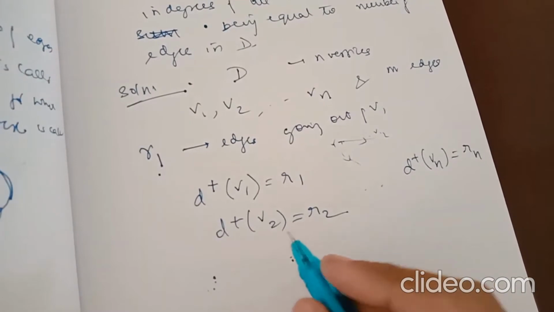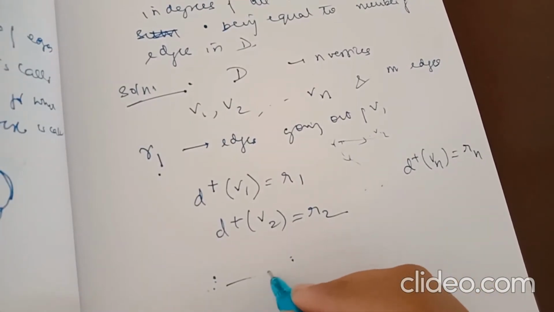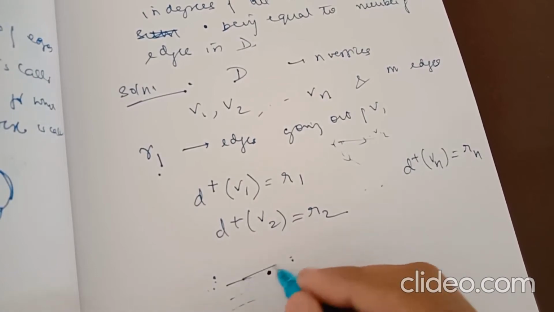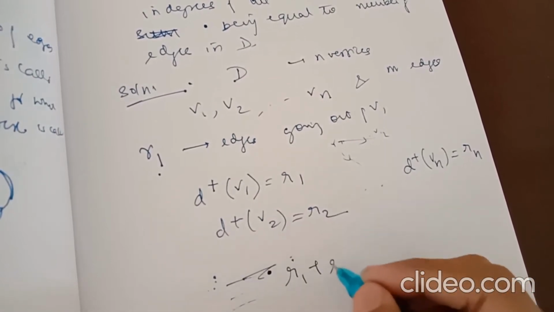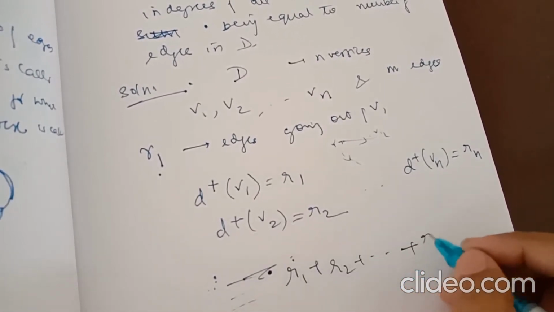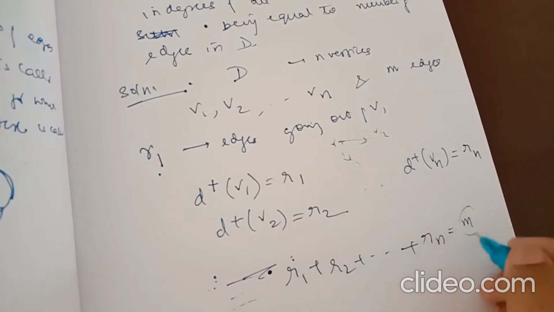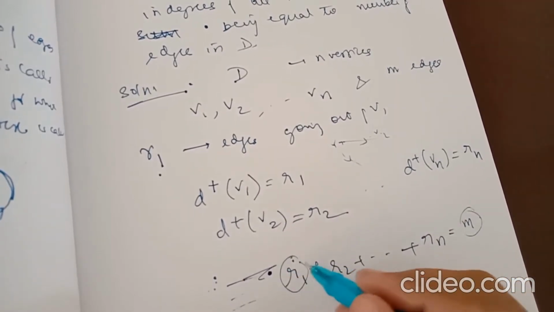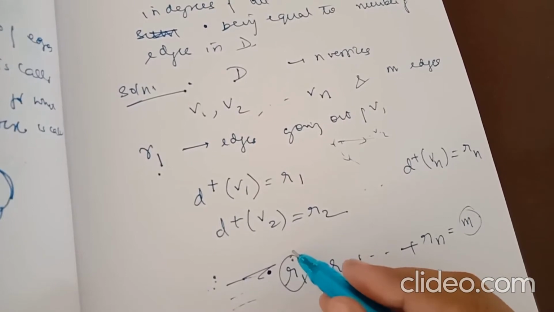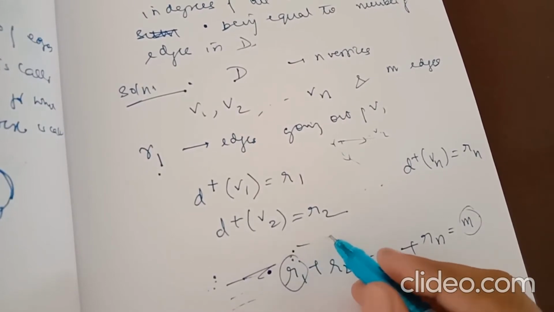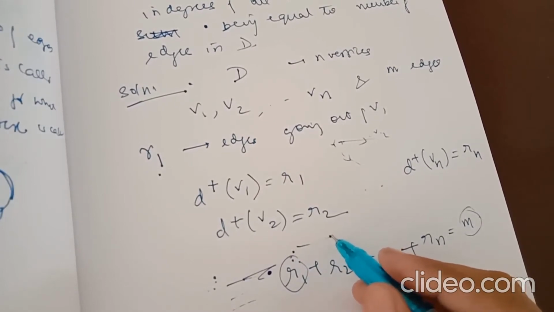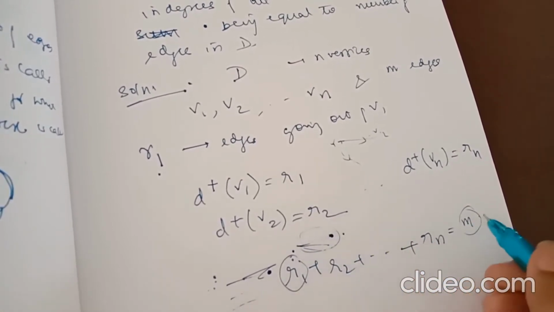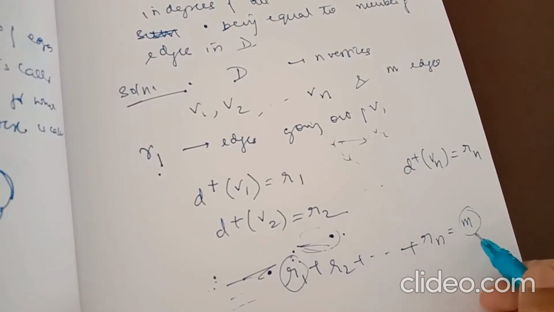Since every edge terminates at some vertex, and there are m such edges, we have R1 plus R2 plus up to Rn equal to the number of edges. R1 represents the number of edges going out of that vertex, and finally each should terminate at one vertex, so the total will be equal to the total number of edges in the graph. That's why it is written as m.